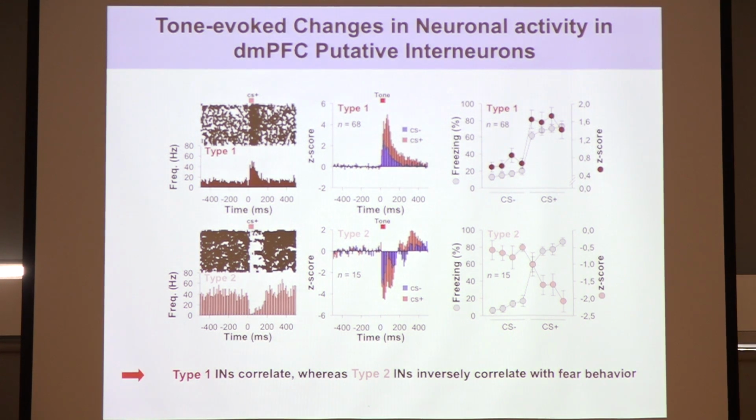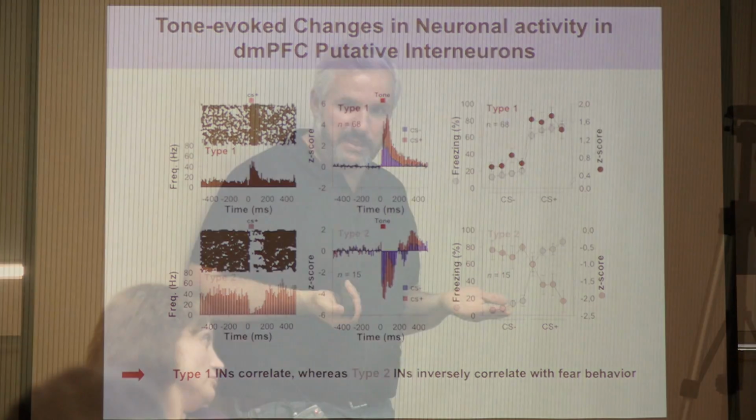And in fact, if you consider the 10 milliseconds after the tone onset, there is no significant difference between the inhibition induced by the CS minus and the CS plus. And we think that this is reflecting attentional processes, what is occurring within those 10 milliseconds. But what is occurring later on is not related to attention, because you have a differential effect depending on whether you present the CS minus or the CS plus. But definitely we think there are some attentional processes going on here, especially in the first 15 milliseconds after the tone onset.